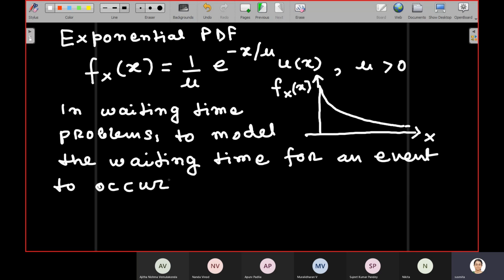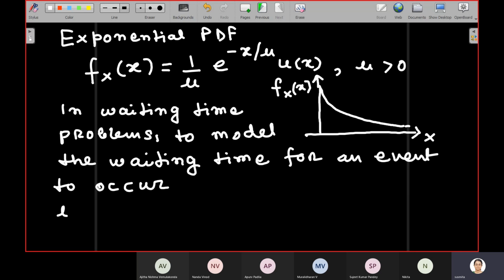For example, suppose you have gone to a bank and you are waiting for the customer service person to attend to you. So how long do you have to wait until he or she serves you? That waiting time can be modeled as an exponential distribution.